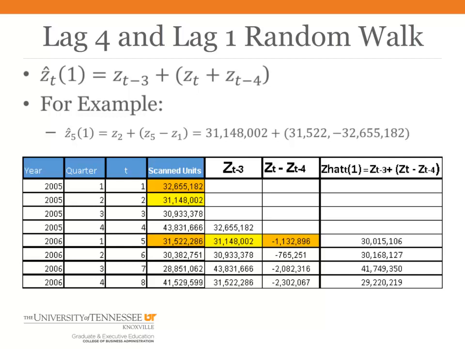So in this case, we're going to adjust our forecast down. So the forecast is what I observed in the quarter that I'm forecasting a year ago, but plus the difference between the current quarter and this same quarter a year ago.